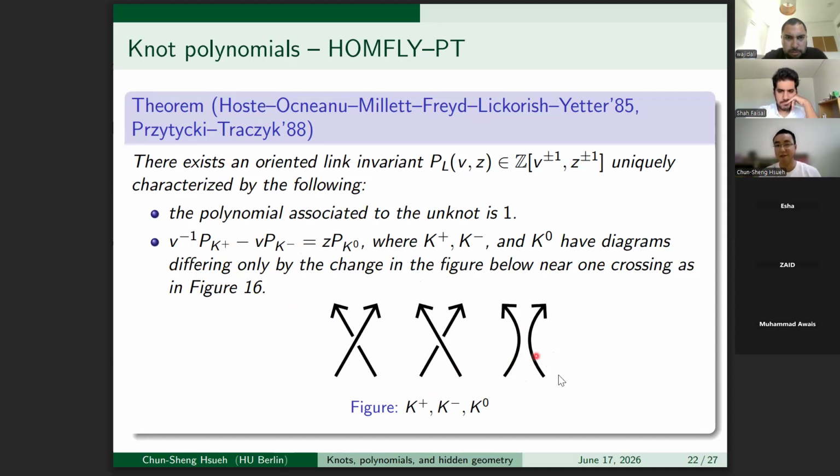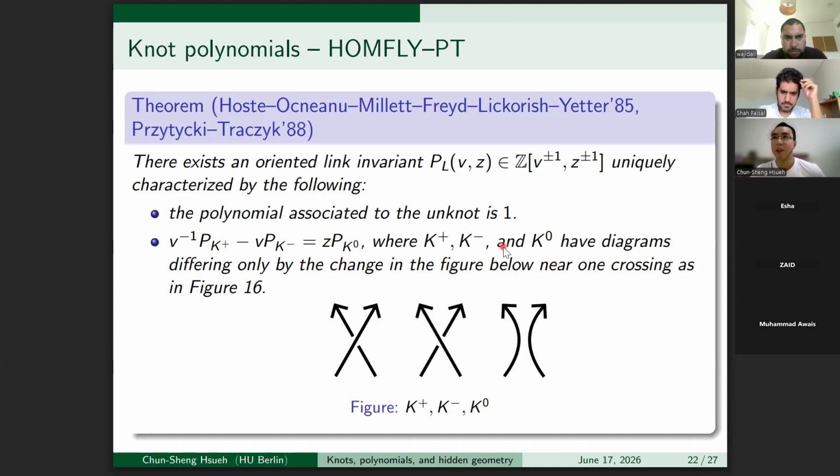This is a very powerful invariant. It generalizes previously known polynomial invariants for links, such as the Jones polynomial. It also generalizes the Alexander polynomial. What I mean by generalize is that you can retrieve these by substituting in some variables, so it contains strictly more information.